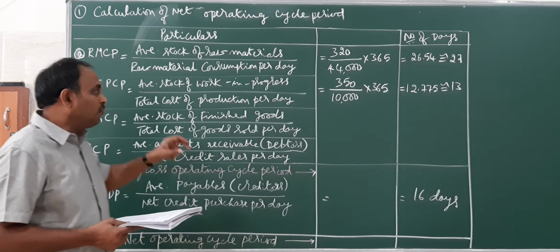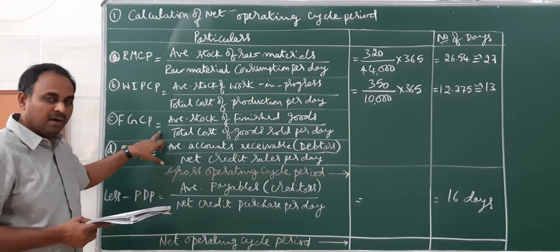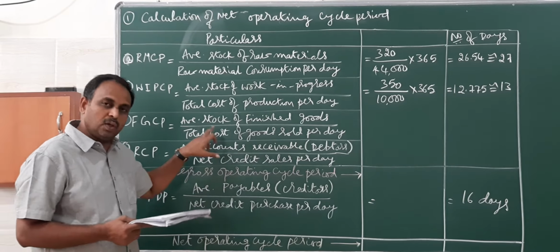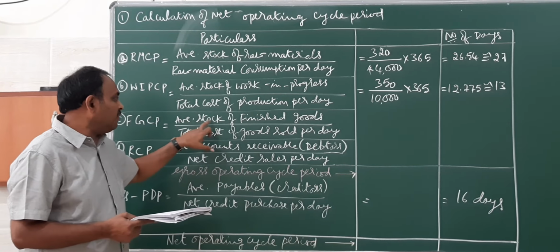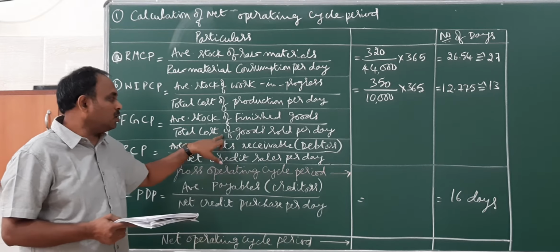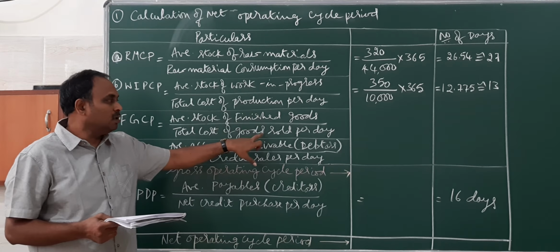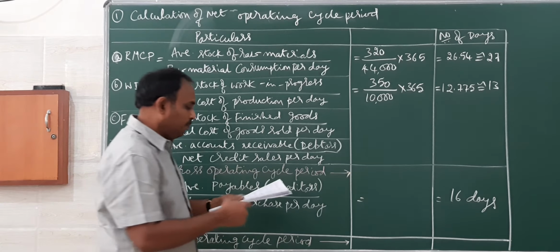The next formula is finished goods conversion period. Finished goods is also a current asset. It is average stock of finished goods divided by total cost of goods sold per day. Earlier it was production, here it is sold per day. The information is available here also.